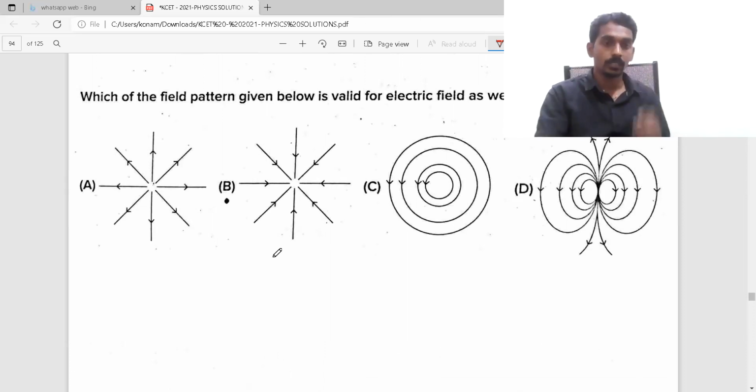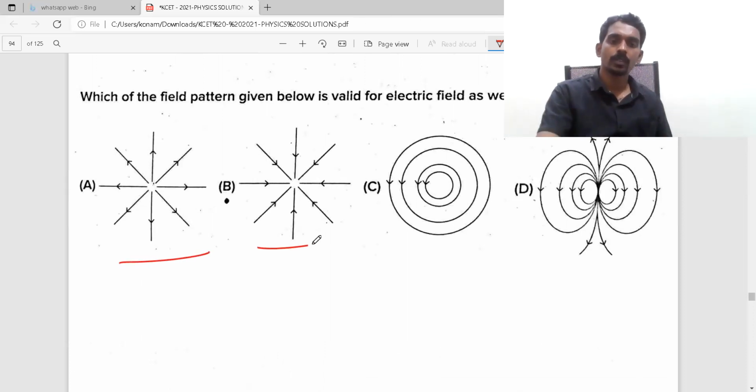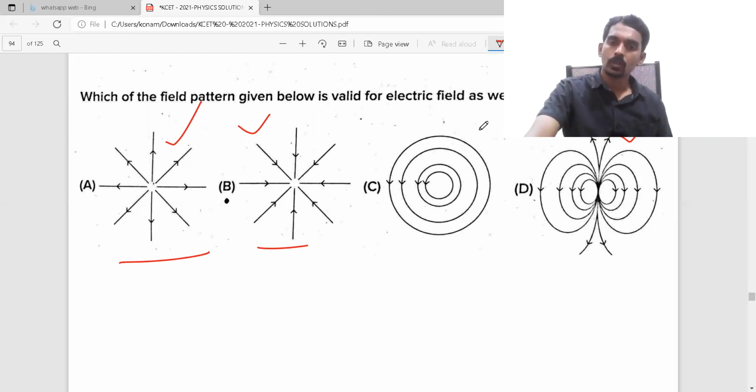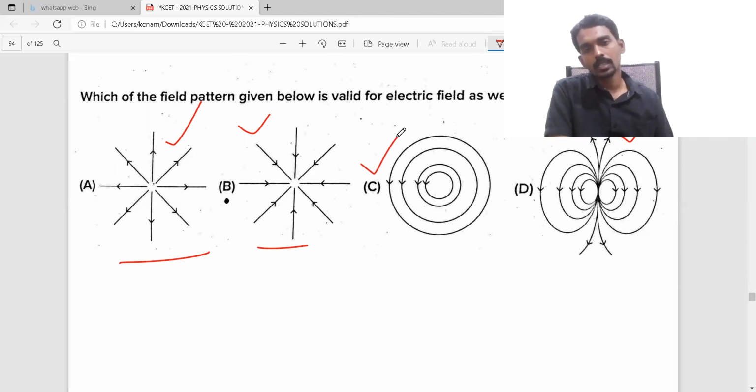Now see, these two are clear, that is for electric field, positive charge and negative charge field lines. This is for a magnet, but they are asking which is suitable for electric and magnetic field. But we studied that electric field lines never become closed loops, and this is the only option left. Actually it is based on the electromagnetic induction chapter, where you will study the induced electric field also.